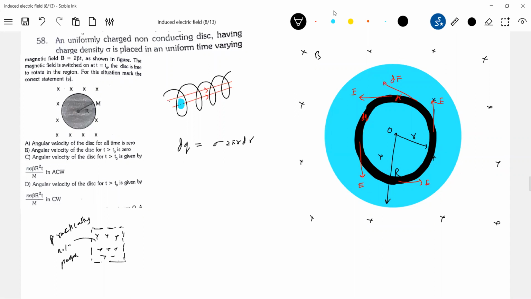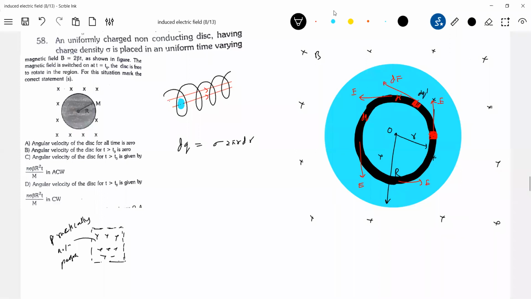How to calculate that torque? The value of E is everywhere the same, no? So let me take a small element first. What is the force acting on that small element? dq is the charge of the total disk, and dq dash is the charge of the element.